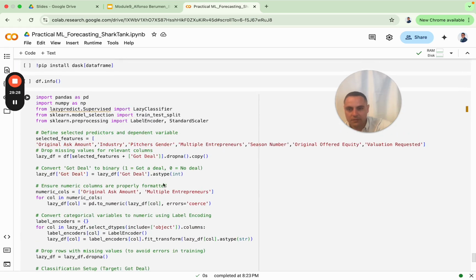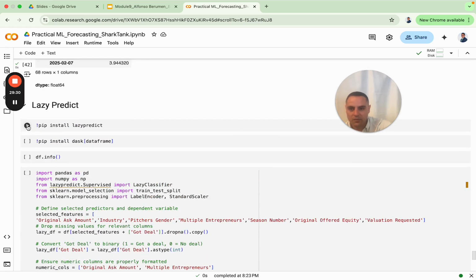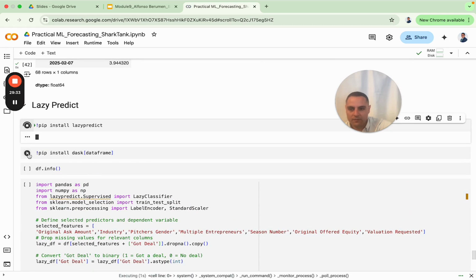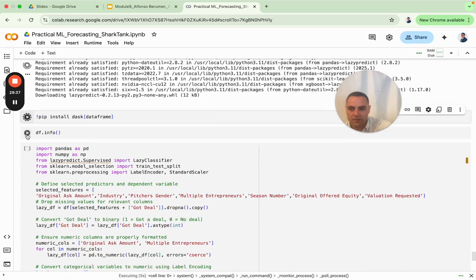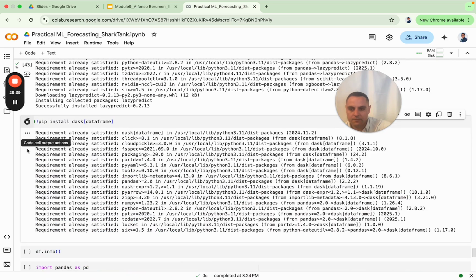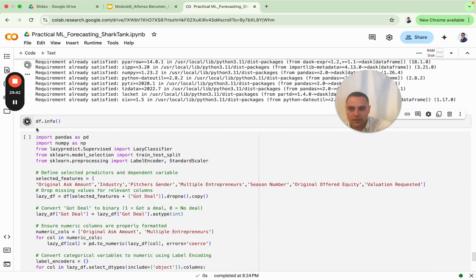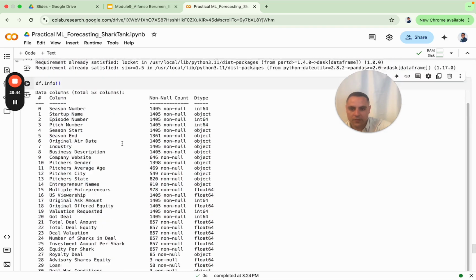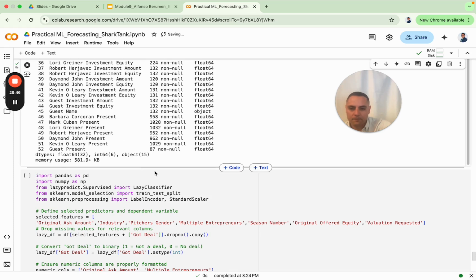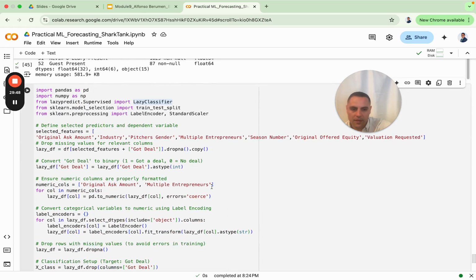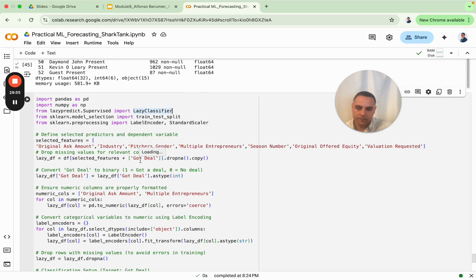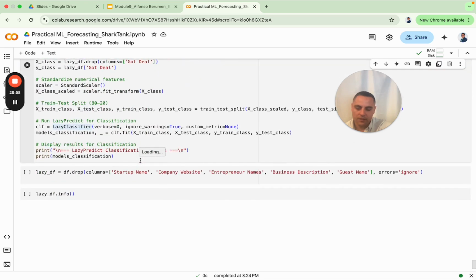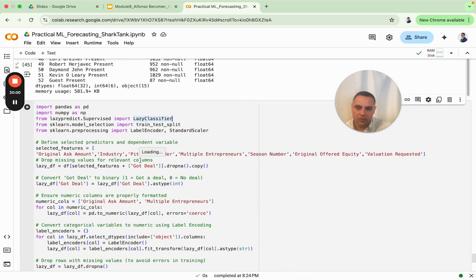Finally, if I want to do some AutoML, I'm going to bring in some additional packages here. Gotta wait for the install. If I listed out a bunch of features, and I'm still looking at the got deal, I can use what's called lazy predict.